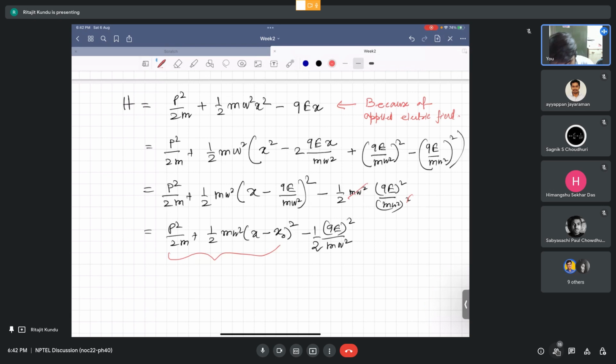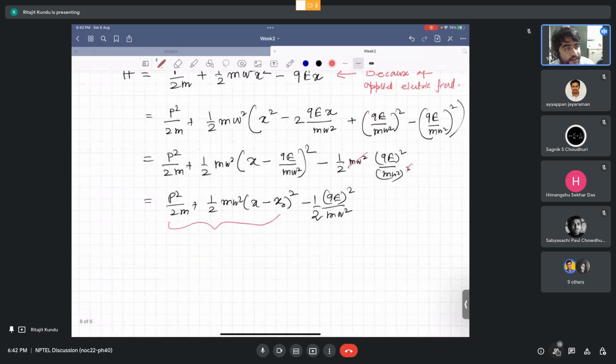Let me define another variable so that you can identify it a little bit better. Let me write x naught is q e by m omega square, and let's define an x tilde operator which is x minus x naught.